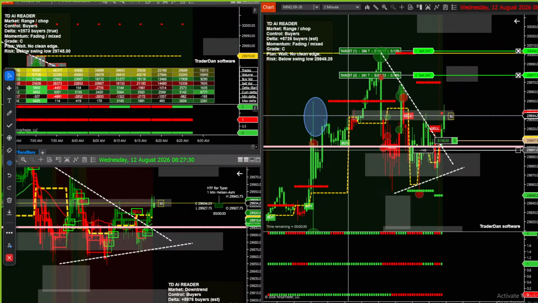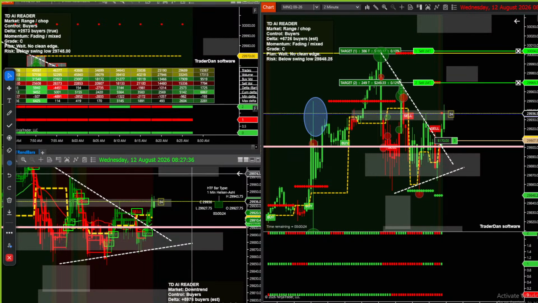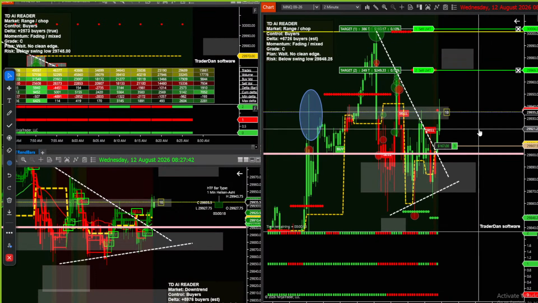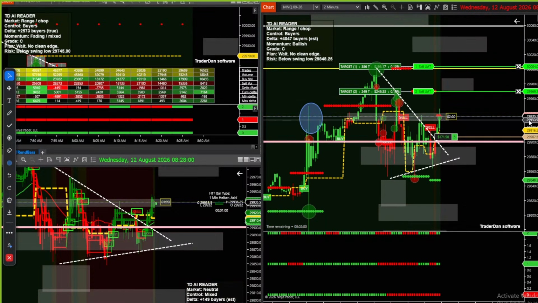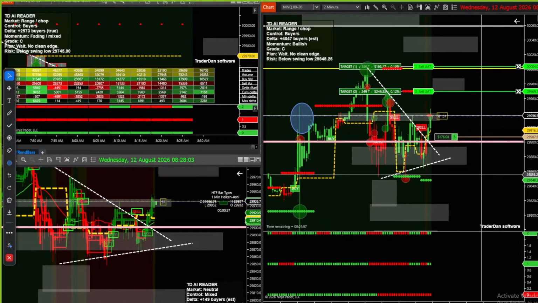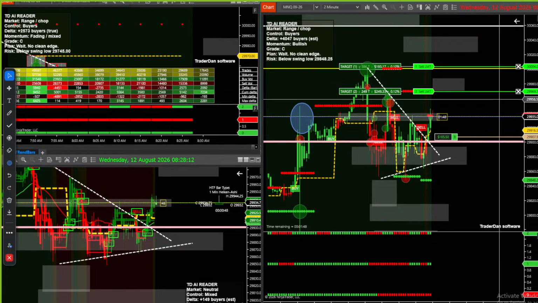Every time we get a move up, they take it right back down. I need a bid still. We're getting one. Got a minute and 50 seconds on a 5-minute bar.